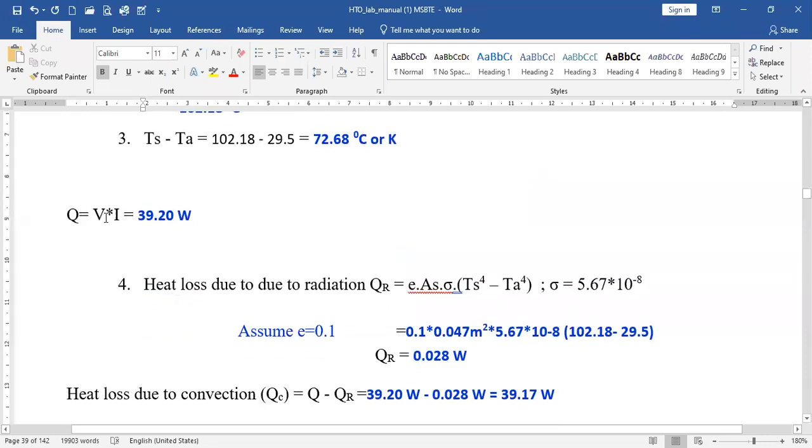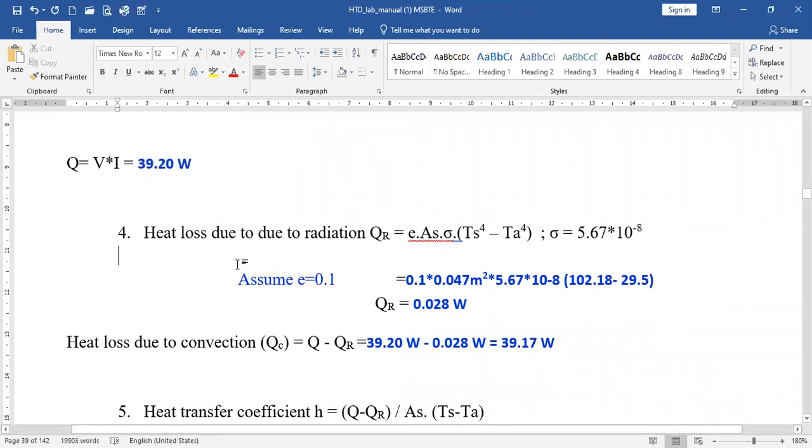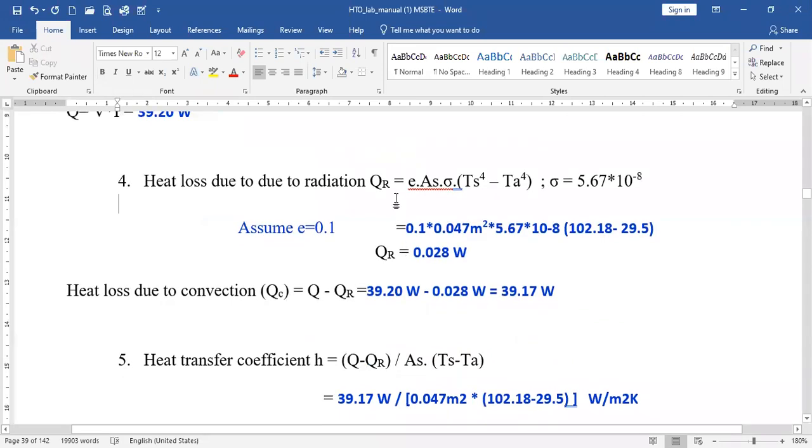Then we can calculate the Q, that is heat supply. So we know the value of V, we know the value of I. So on the basis of that, we can calculate this Q, that comes as 39.20 watt. Now the heat losses due to the radiation is QR. So with the help of this Stefan-Boltzmann law, we can calculate this QR.